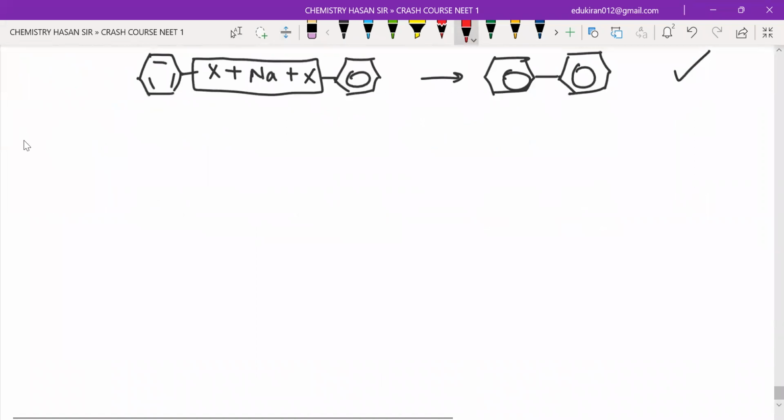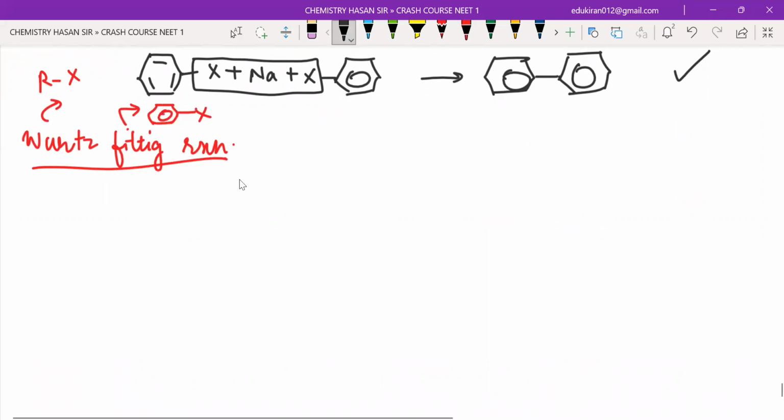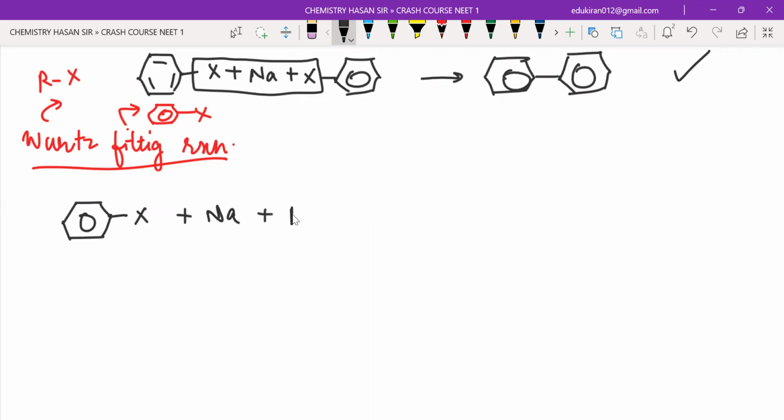Now there is another, third reaction, the Wurtz-Fittig reaction. The Wurtz reaction is for alkyl halides, and the Fittig reaction is for aryl halides. In the Wurtz-Fittig reaction, you react a haloarene with sodium and an alkyl halide in the presence of dry ether.